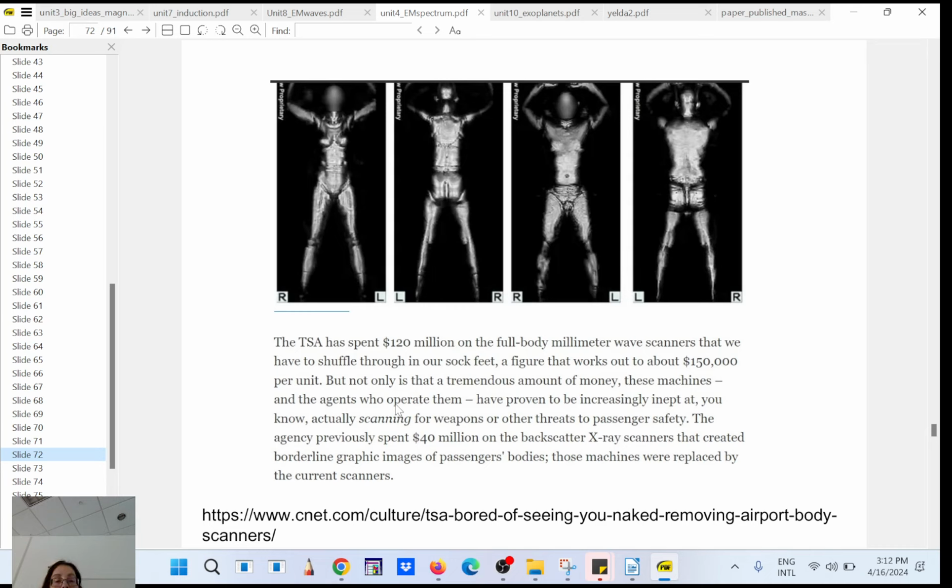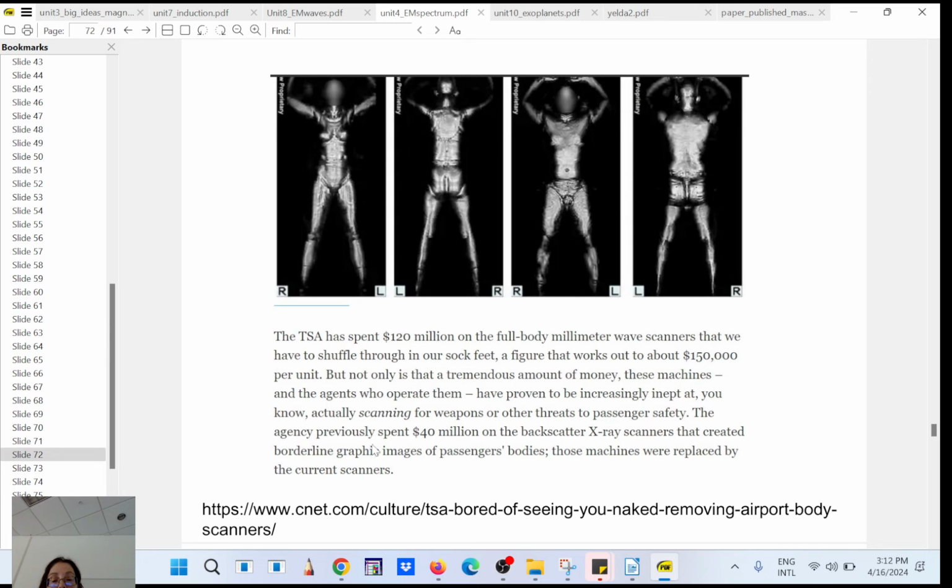That way it's not too revealing, but you can see if someone has a gun or whatever. It costs a lot of money, $150,000 per unit. It's called a full body millimeter wave scanner. And so it didn't last long.